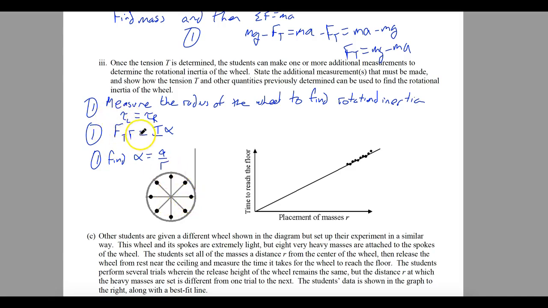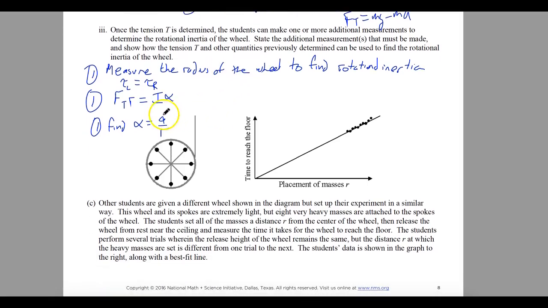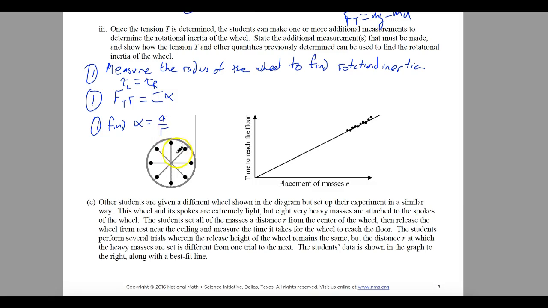That is the force of tension times the radius, and that will give it a rotational torque, which is I alpha, moment of inertia times the angular acceleration. From that, we can use angular acceleration is equal to the acceleration we calculated here divided by r. If you do that, you will end up with what they want in order to find the rotational inertia of the wheel.